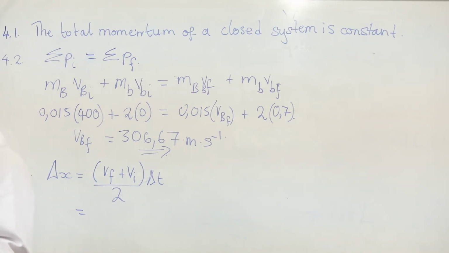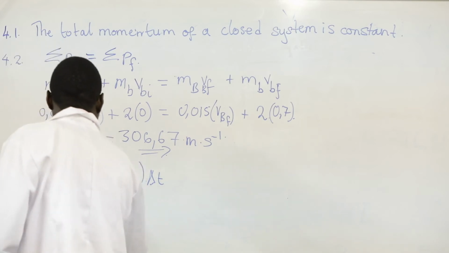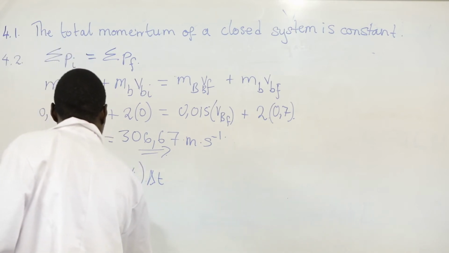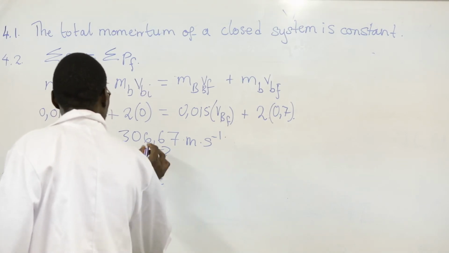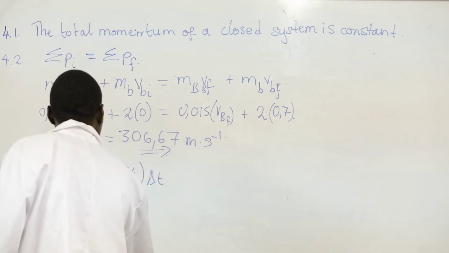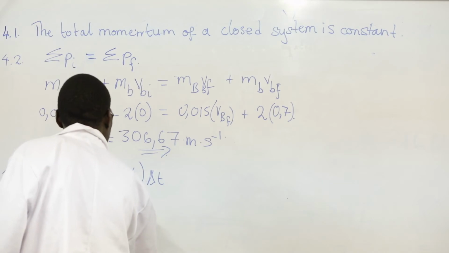For the bullet, we know its initial velocity is 400. Its final velocity is 306.67.